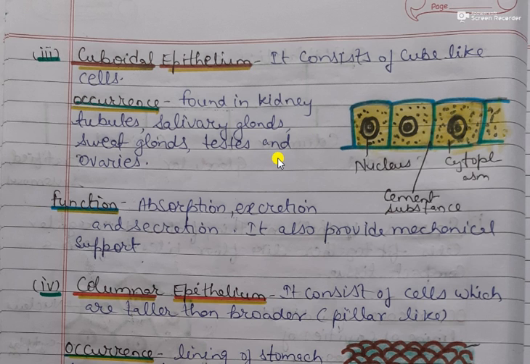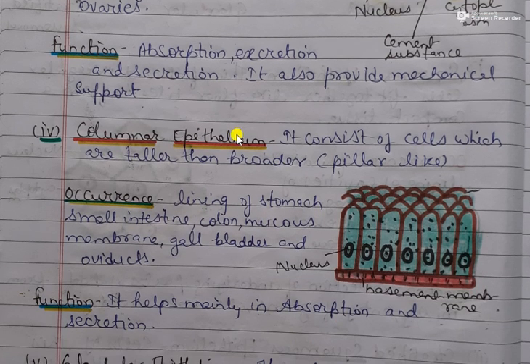Next is columnar epithelium. It consists of cells which are taller than broader, or we can say the cells are just like pillars. Pillar-shaped cells are there in this type of epithelial tissue.